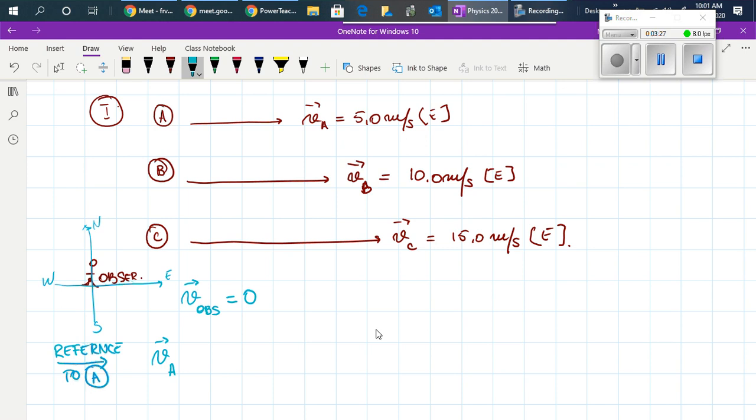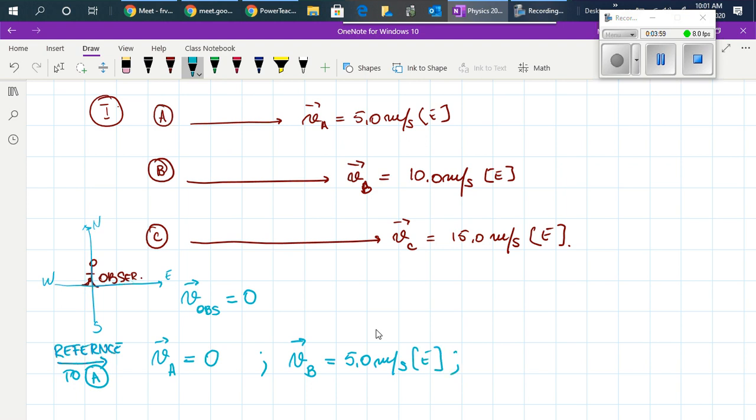The velocity of object A in reference to object A is equal to 0, while the velocity of object B in reference to object A, meaning what object A sees that object B is doing, will be 5 meters per second going east. You can say positive, it's the same thing.